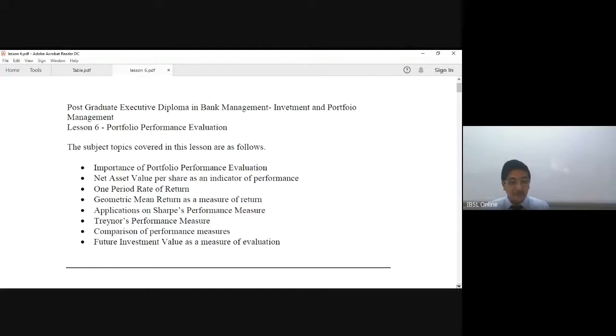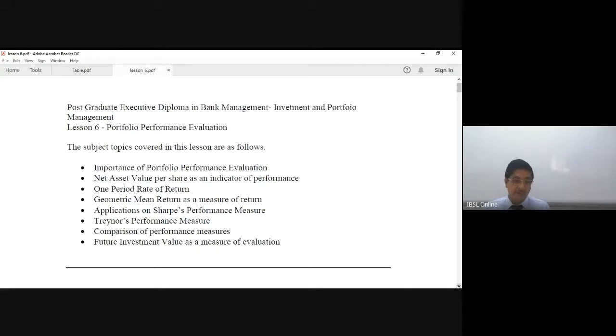Then applications of Sharpe's performance measure. That measure is a particular performance measure with certain risk premiums and a connection between the total risk and the premium. And Treynor's performance measure is also another type of measure which involves beta values. Then the comparison of performance measures. And the last one is very important, and it really applies a model where you can say, at a certain probability, what would be the future investment value of a certain investment.